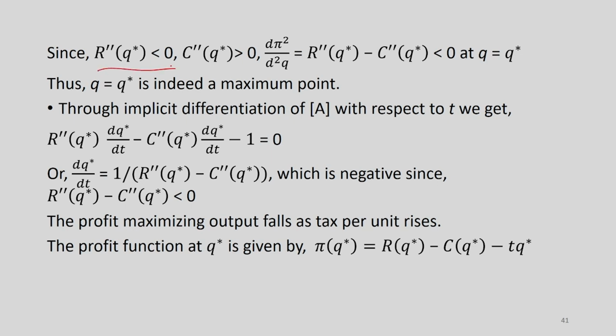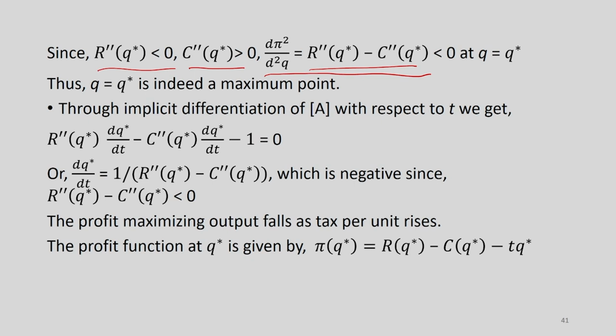R double prime Q star is less than 0, and further C double prime Q star is greater than 0. So, if these two things are applied, then what happens to the second derivative of the profit function at Q star? The second derivative is R double prime Q star minus C double prime Q star at Q equal to Q star.